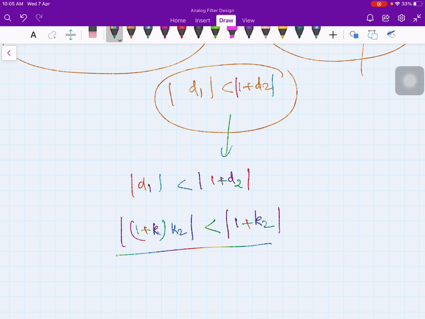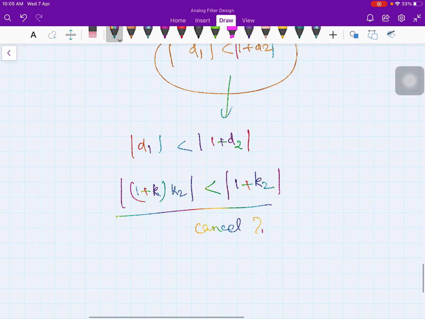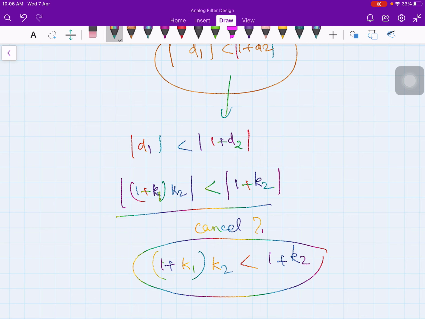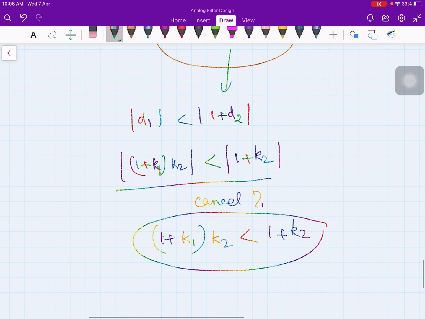No. So what restrictions does it put? It says 1 plus k1 times k2 must be less than 1 plus k2 in order for the filter to be stable. Otherwise the filter is not stable.